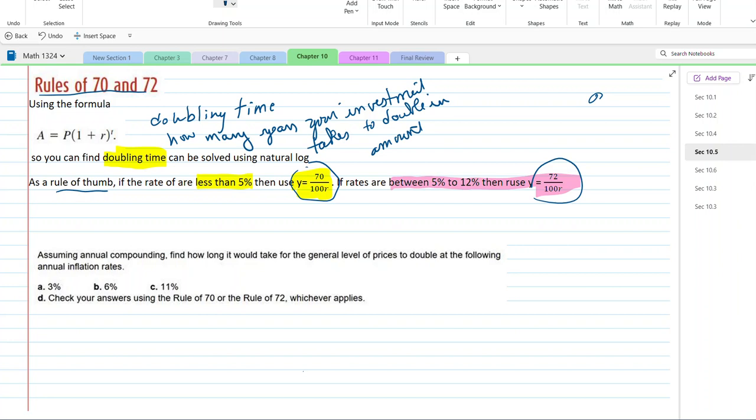So what we're going to do is utilize the formula A equals P times (1 plus R) raised to the T, where we're assuming we're putting in $1 and we want to get $2.